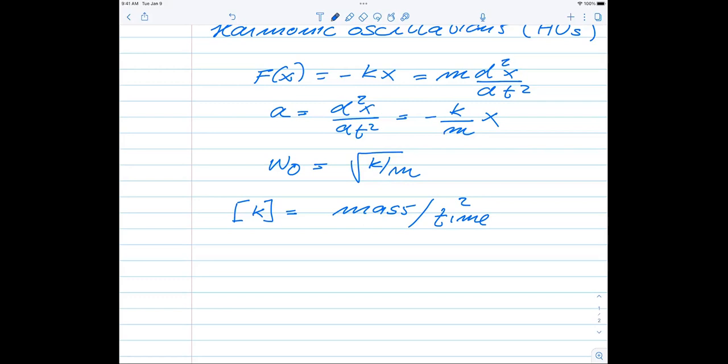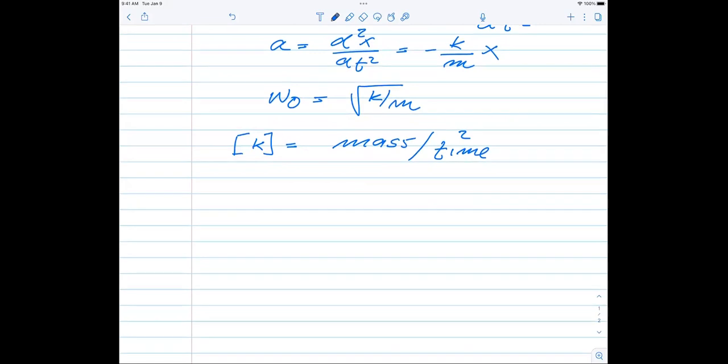So if we now look at this equation here, which we have for omega 0, and look at the dimensionality of omega 0, that is going to be given by the dimensionality of mass divided by mass and divided by time squared.